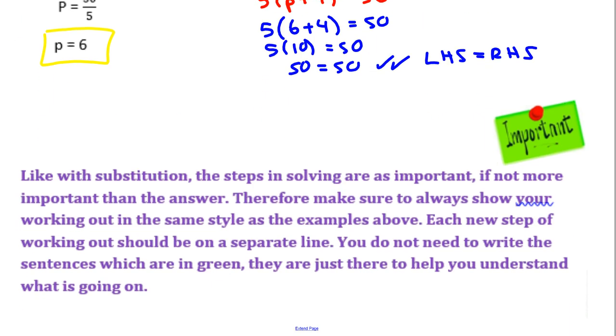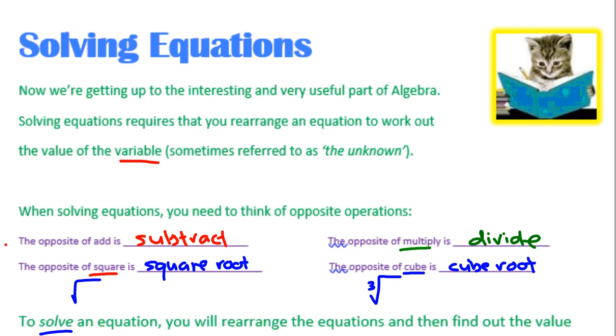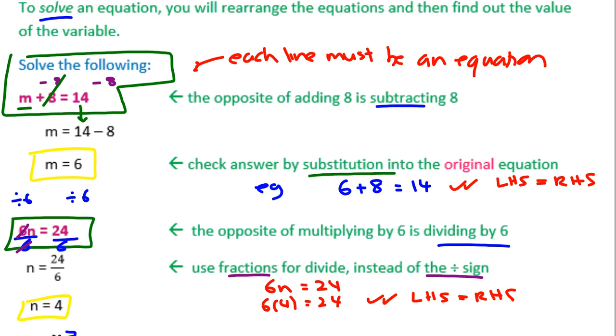Like with substitution, you have the golden step, I keep blathering on about. Steps in solving are as important. It's not a golden step, it's just steps. The steps are as important, if not more important than the answer. Because remember in the previous one, you could just look at this and say, hey, 6n is 24, n has to be 4.